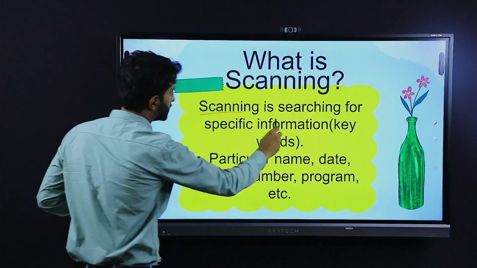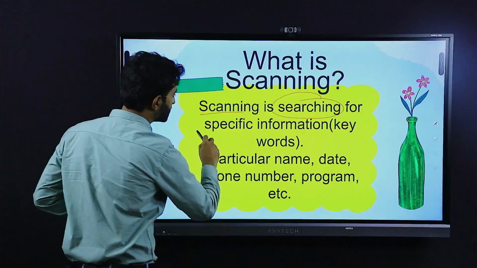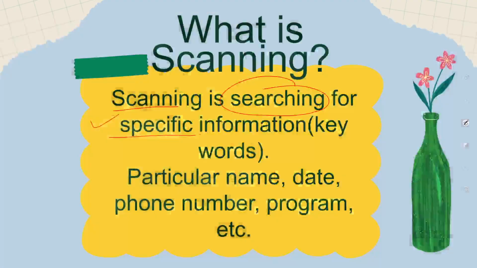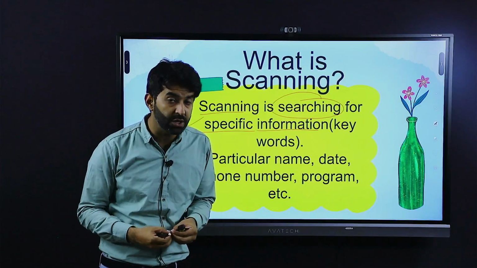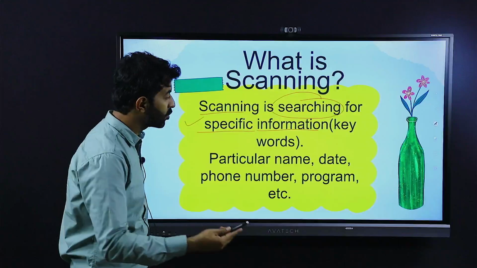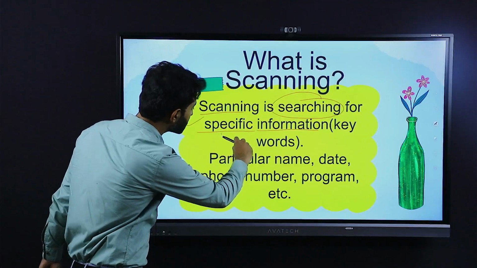Scanning is searching for specific or particular information or any kind of keyword that tells you the terminology or any more information in the text. So we are looking for specific information.